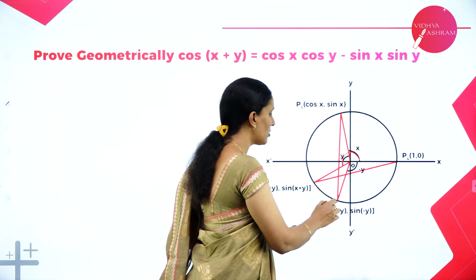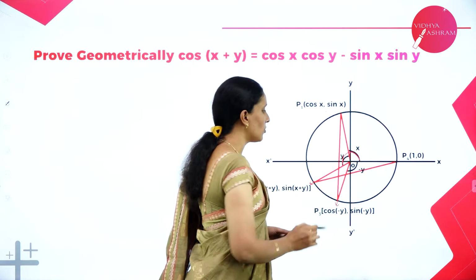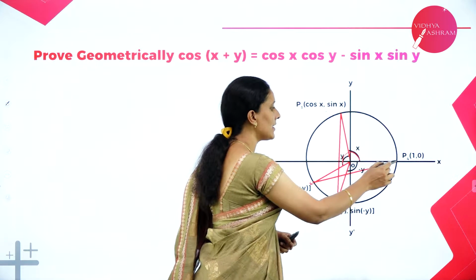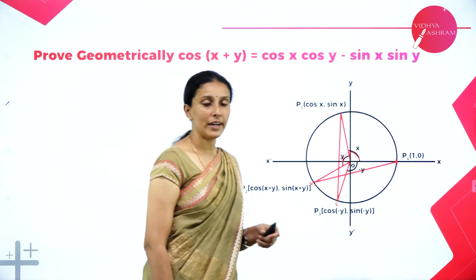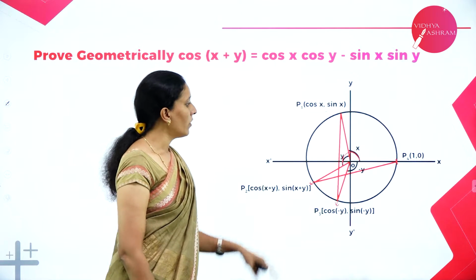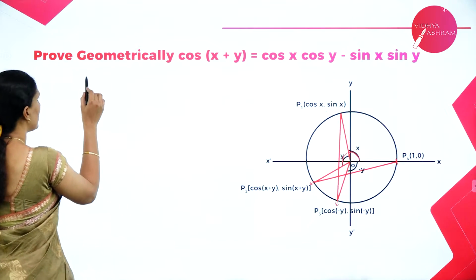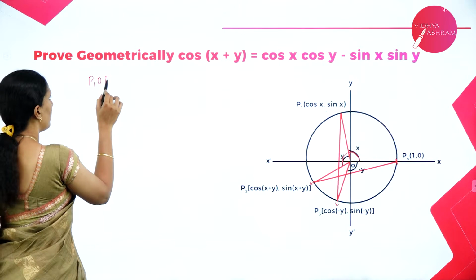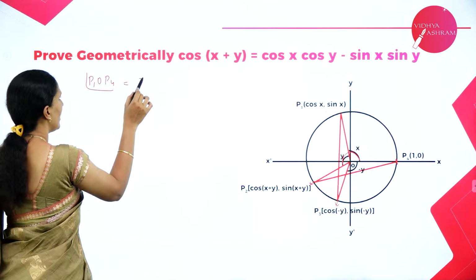So this is the point P3, this is the point P2, and P4 we can clearly say, since this is a unit circle, the coordinate is 1 comma 0. So from the figure we can write here P1OP4 is your angle x.